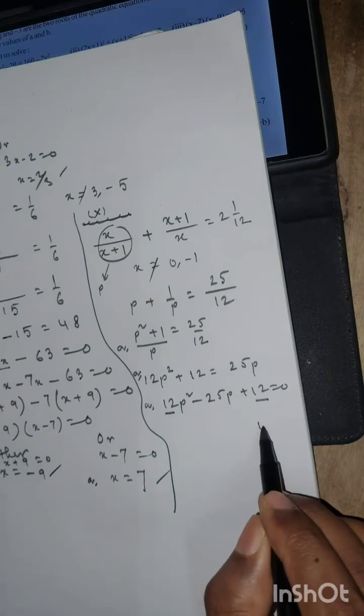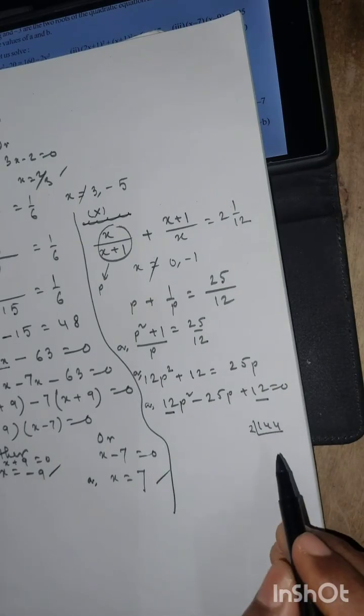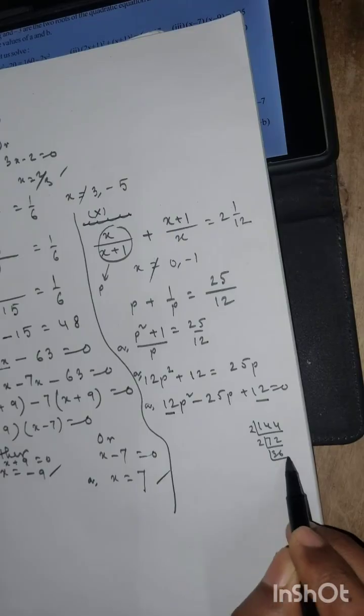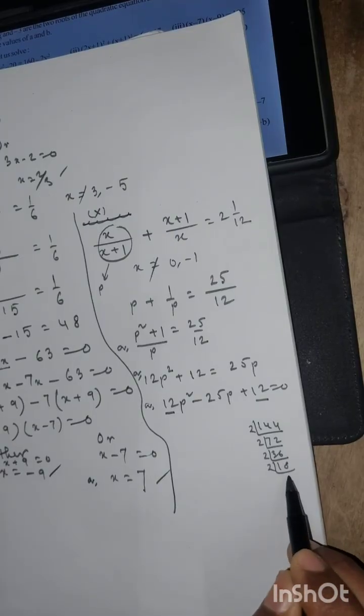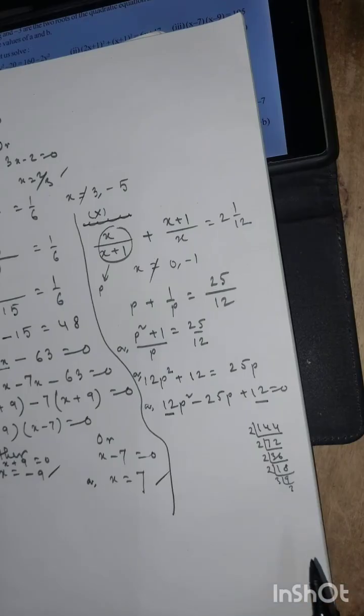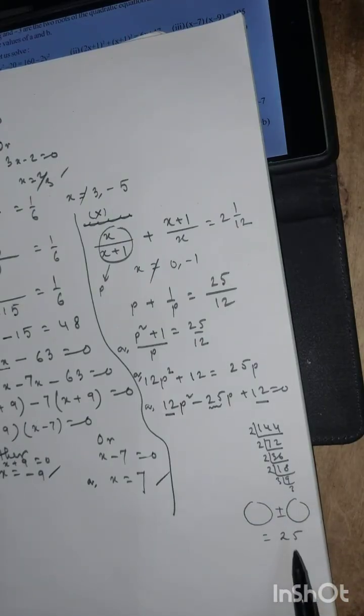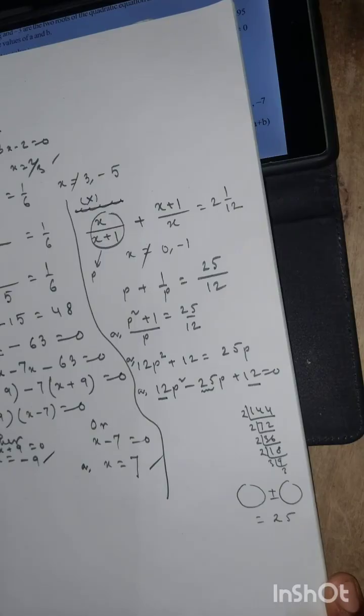This is 144. If we break 144, we get, now we can arrange these factors into two groups, so that by adding or subtracting them we can get this coefficient of p, that is 25. So how would we arrange these factors?